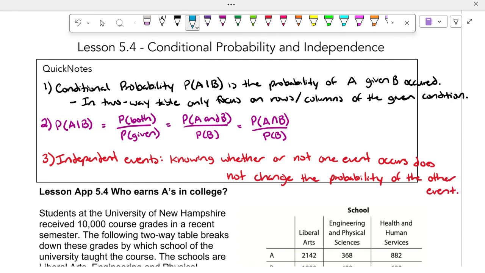So in other words, the probability of A should be the probability of A given B. It should also equal the probability of A given not B, so the complement of B.